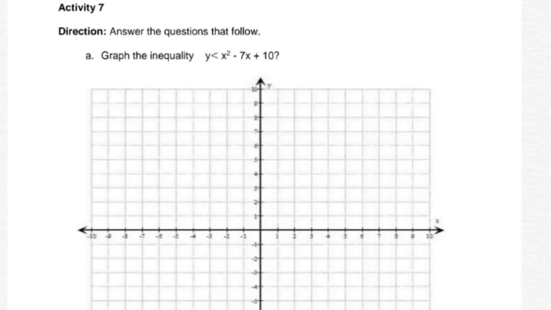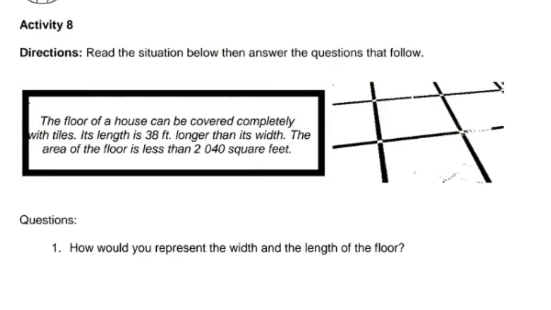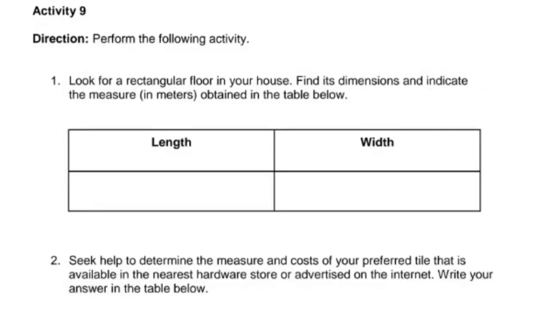So activity 7, the direction, answer the questions that follow. So you have there 3 questions. So just apply here solving quadratic inequalities in 2 variables. Then what I can do for activity 8, so you have there a problem, so just answer the questions. Then activity 9, another activity.